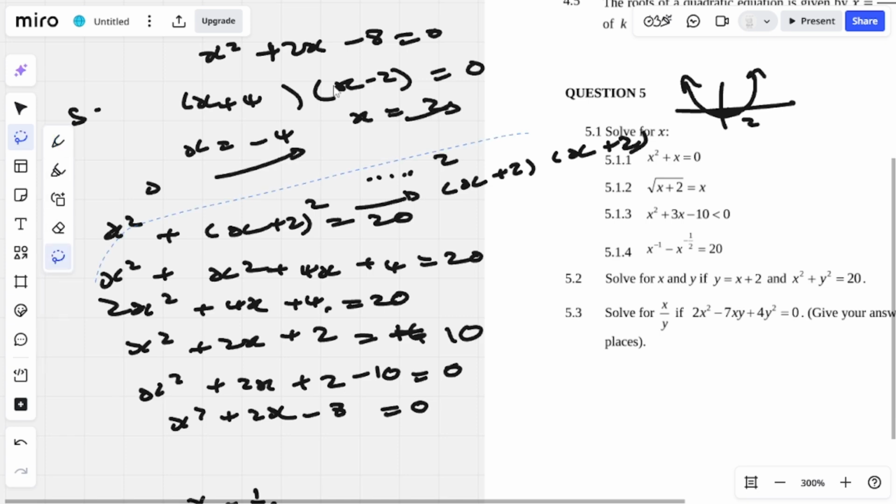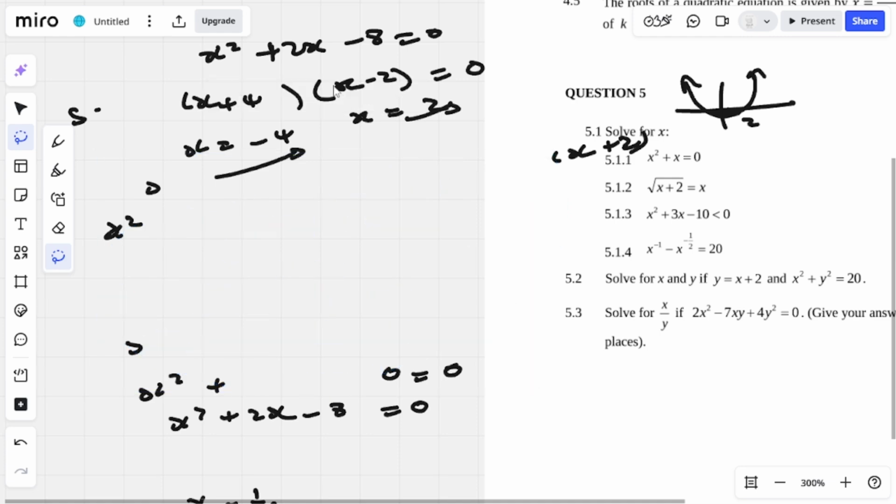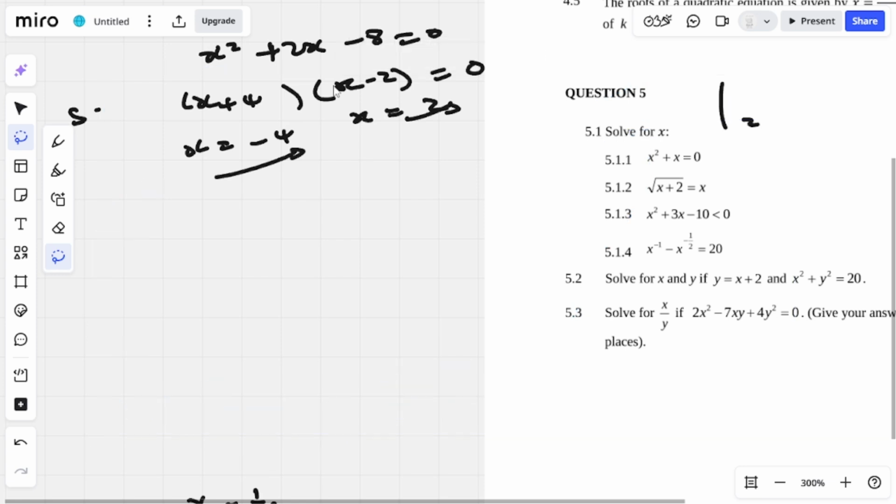Now for this, since it's simultaneous, we need the values of y. In order to find them, what are we going to do? We are going to take the equation that we substituted into, x squared plus y squared is equal to 20, and input the values of x into it, right?